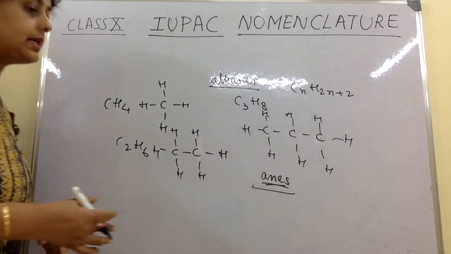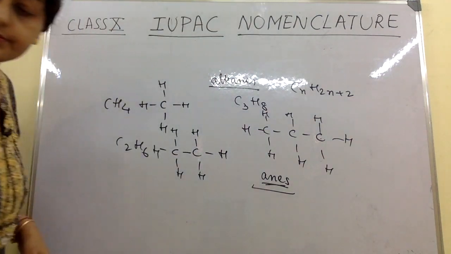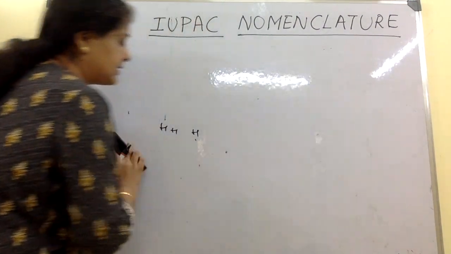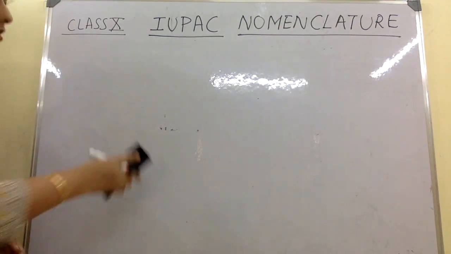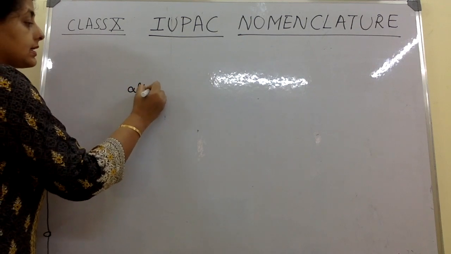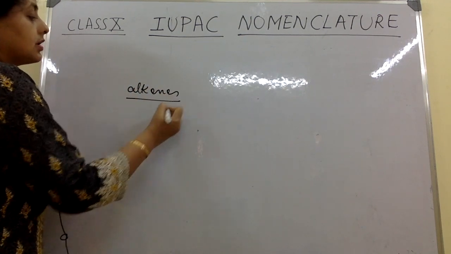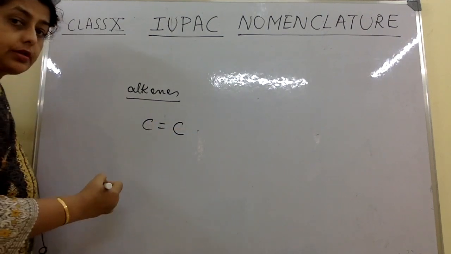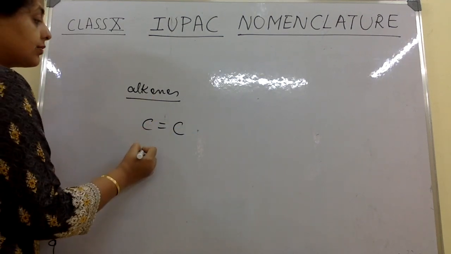So this is the basic idea, and then you should also have the idea for alkenes and alkynes. Alkenes have a double bond between carbon and carbon. They are unsaturated hydrocarbons.